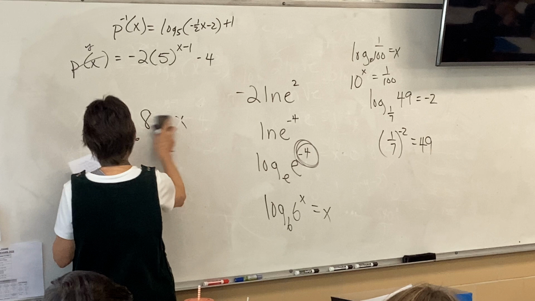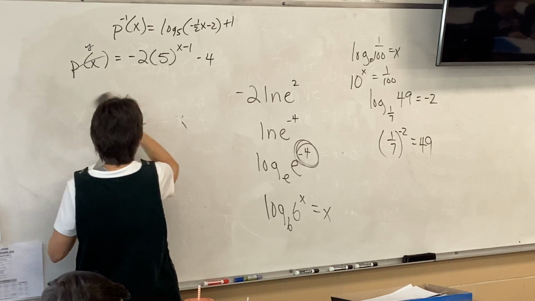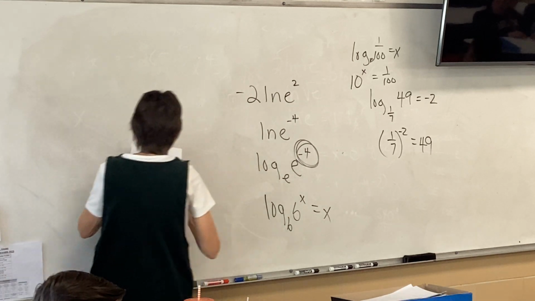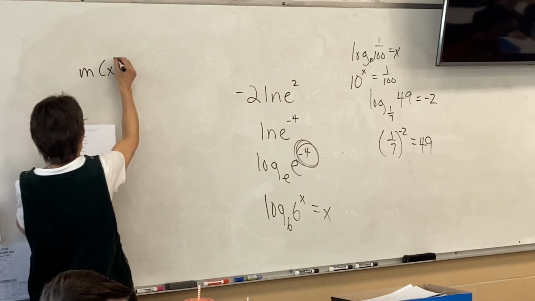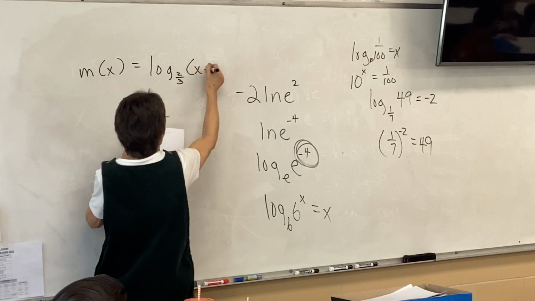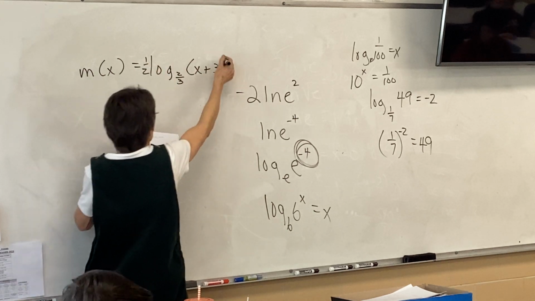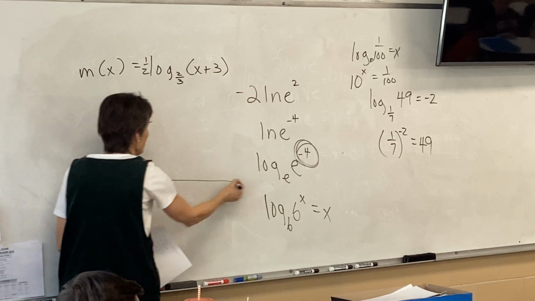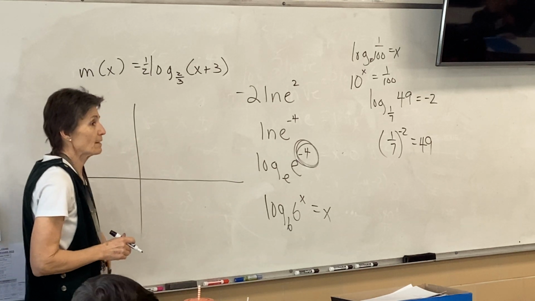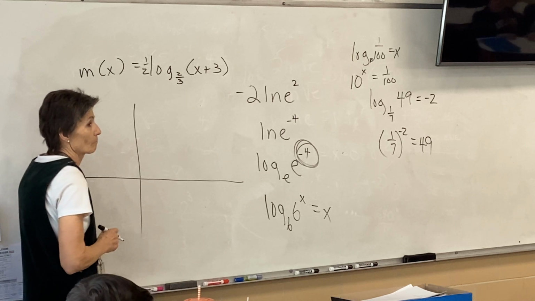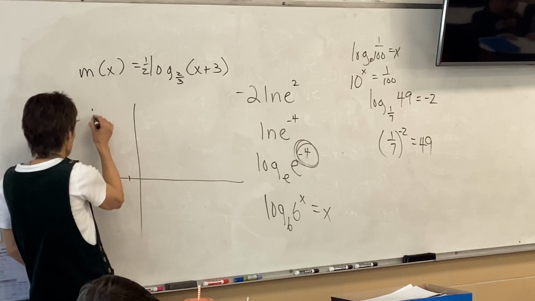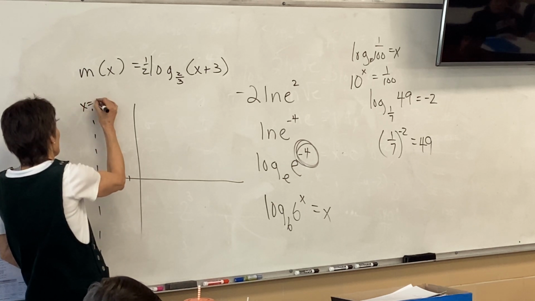So let's get a picture of this now. Tell me what you know about this picture. Just do a quick sketch. Xander? We know it's gonna have to be moved over left 3. So we know the asymptote that's normally the y-axis is now going to be at -3. Perfect.